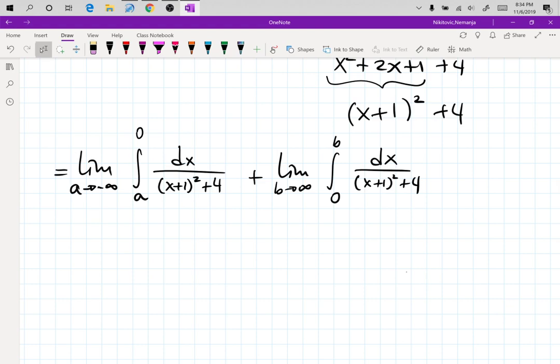Now, I am going to write 2 formulas here. The entry level, the noob one, is the integral of dx over x squared plus a squared, which is 1 over a times inverse tangent of x over a, plus c.